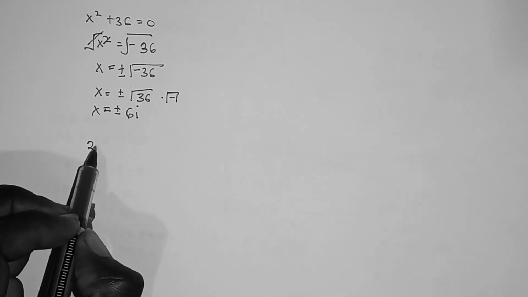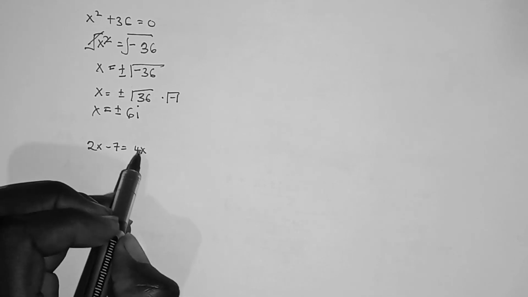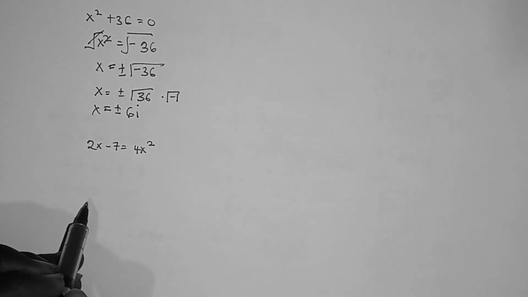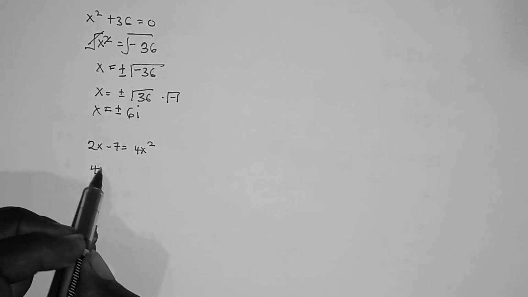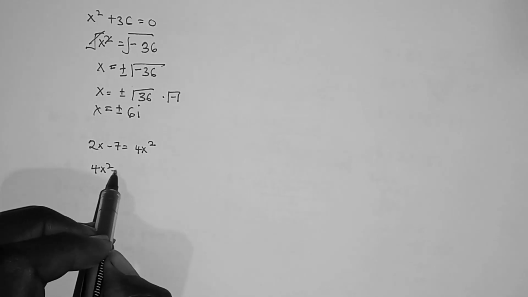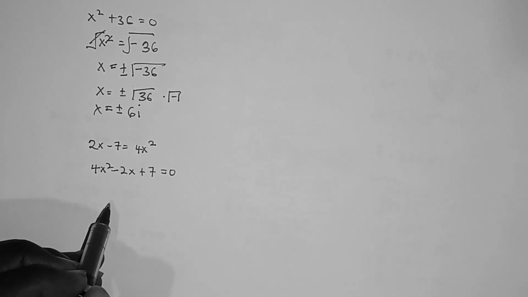Now let's solve this one too, which is 2x minus 7 is equal to 4x squared. So let's bring all of this to the right hand side. We are left with 4x squared minus 2x plus 7 is equal to 0.